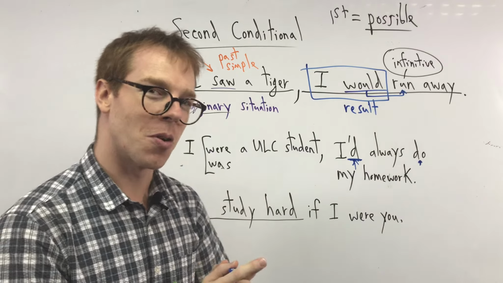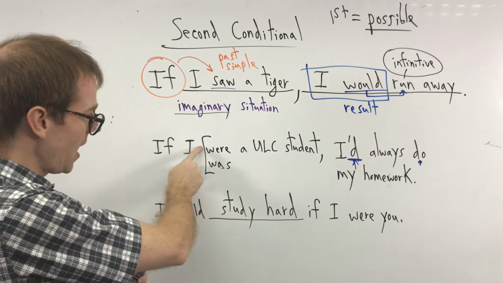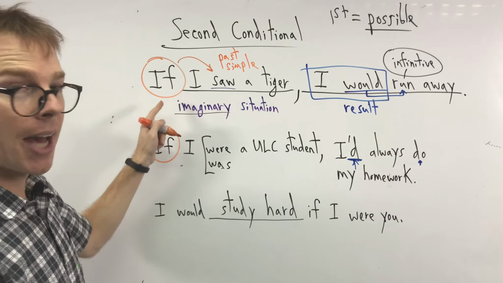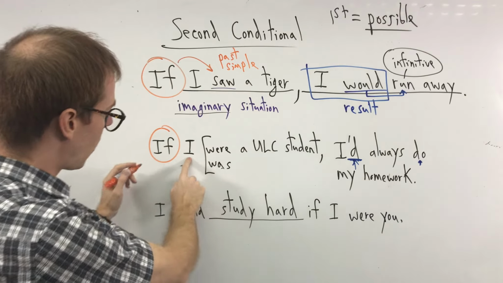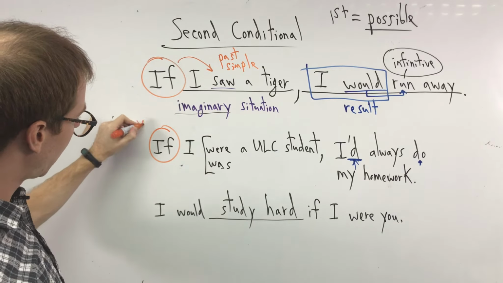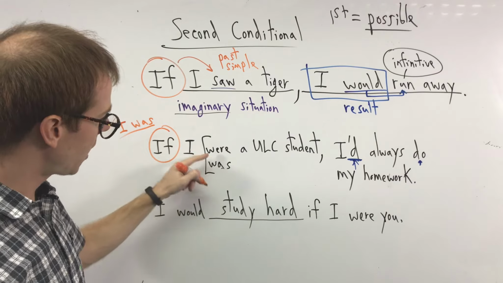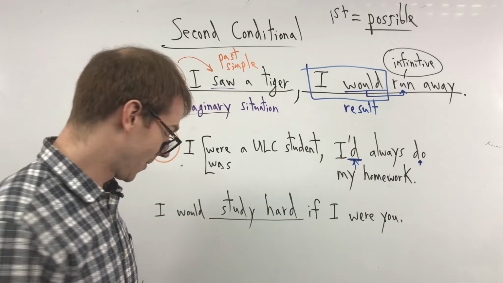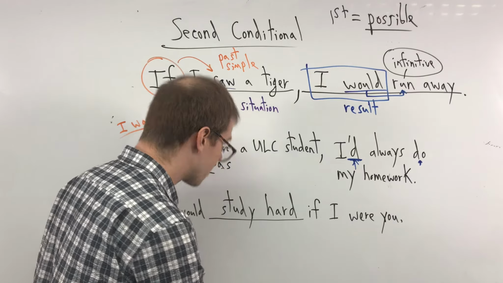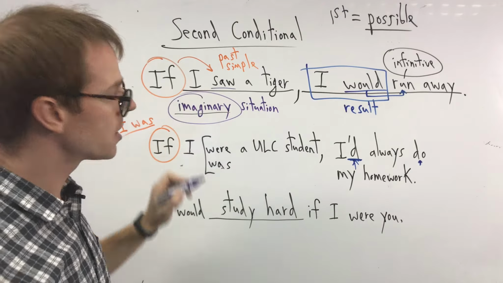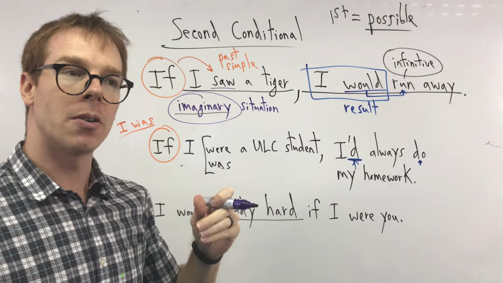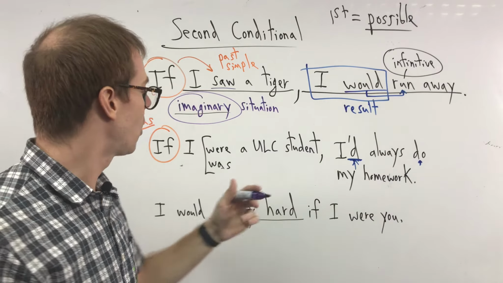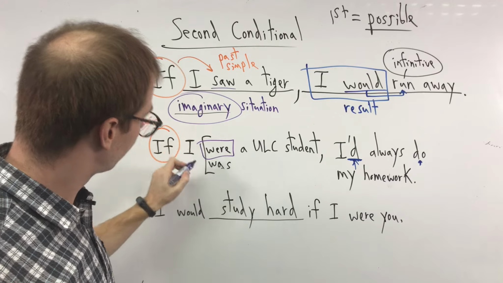And then I know some of you are thinking to yourselves, why is there a were here? Remember, same pattern, past simple. You know we usually do I was. Why did I put I were in the sentence? Well, the reason is because of this imaginary situation. When we talk about imaginary or unreal situations in English, we often will use the were.